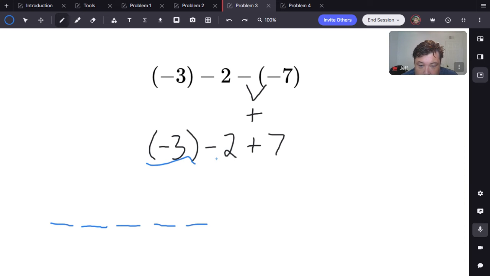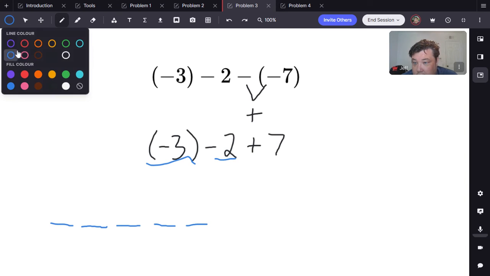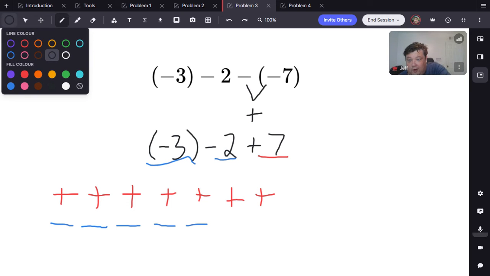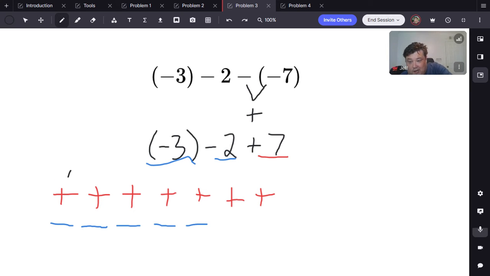We've also got the positive number here. So we're going to write 1, 2, 3, 4, 5, 6, and 7. Awesome. Now we're going to cancel them out: 1, 2, 3, 4, and 5. And now we're left with our answer. We just have 2 positives left, so our answer has to be positive 2, or just 2.